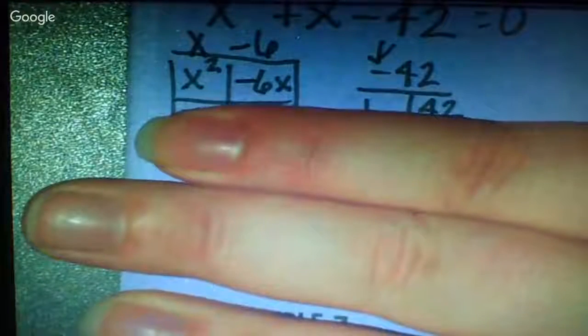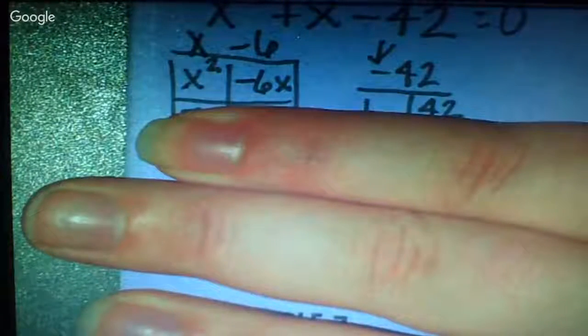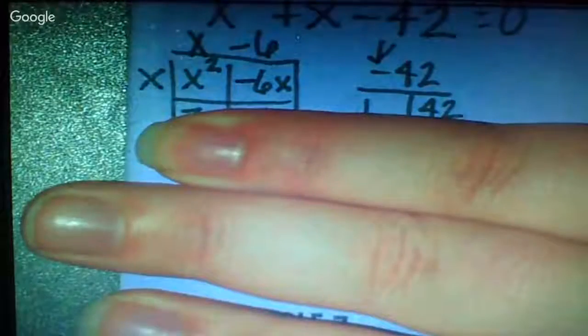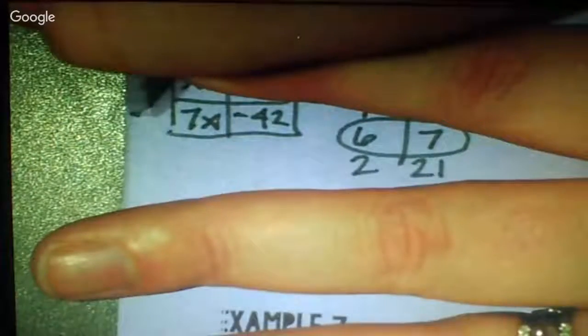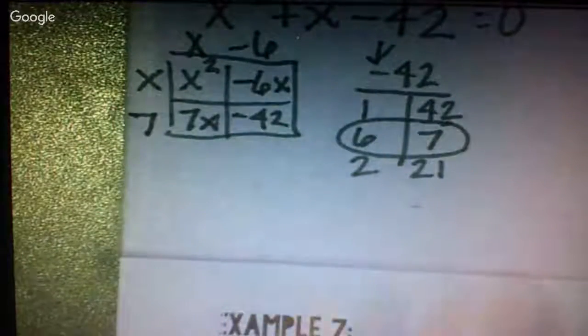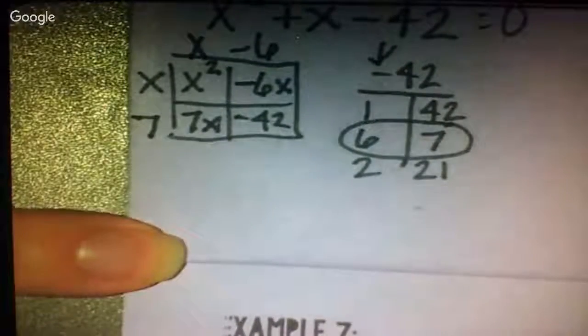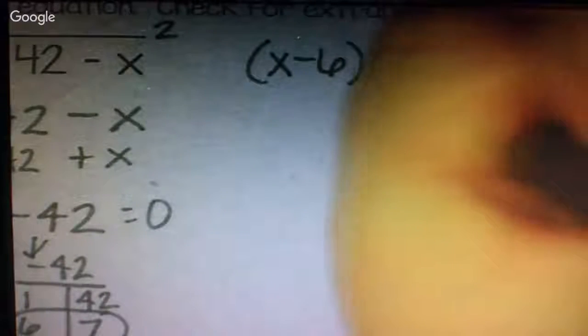What do x squared and negative 6x share in common? x. And 7x and negative 42? 7. So this means that my factors are x minus 6 and x plus 7.